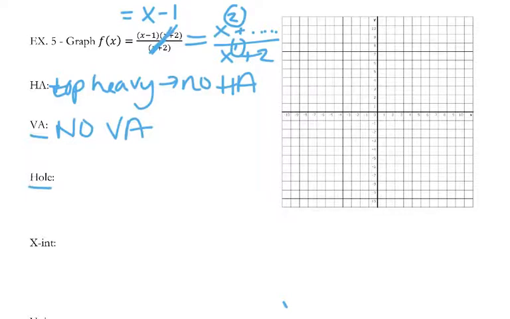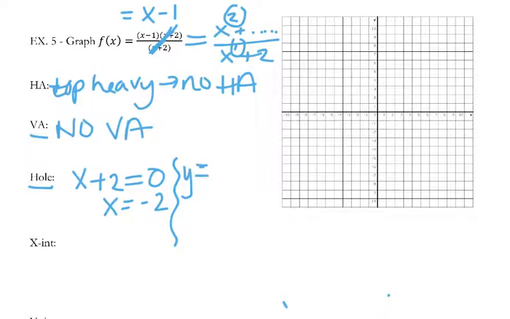There is, however, a hole. I have to think about x plus 2 for my hole. So my hole will be at x equals negative 2. Let's plug negative 2 into the simplified function. So we have y equals x minus 1, so y equals negative 2 minus 1.